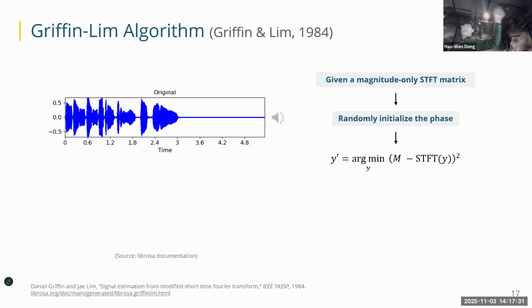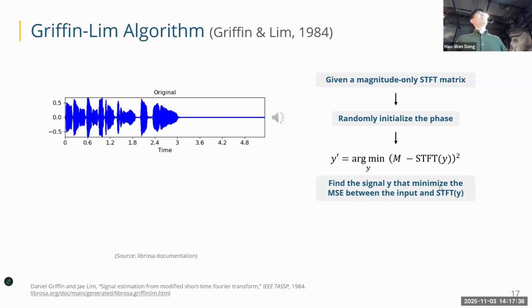So the same idea as previously, you have the randomized phase, and now you want to find the signal that minimizes the MSE between the input and the STFT.